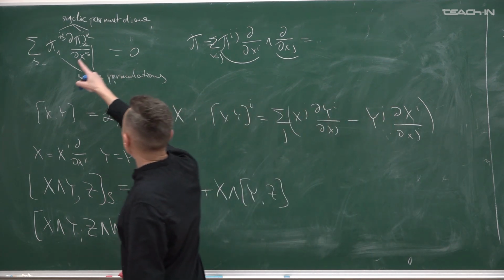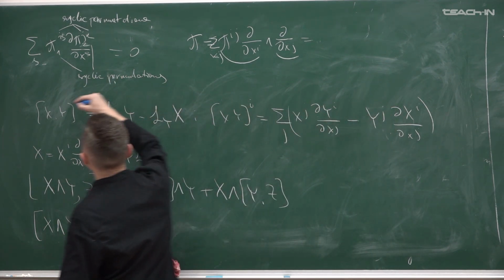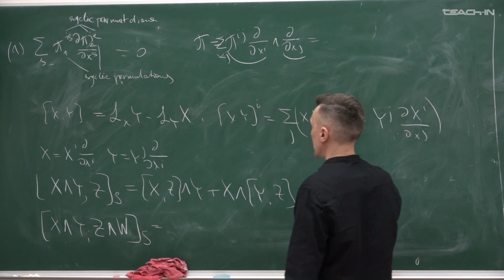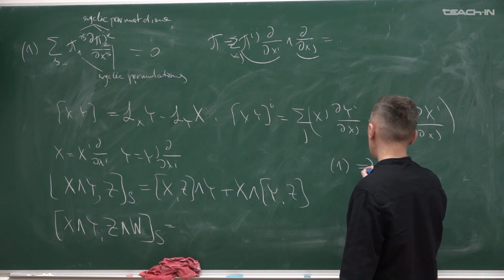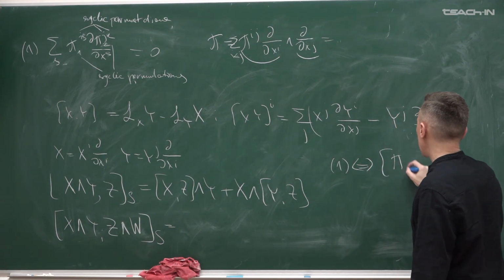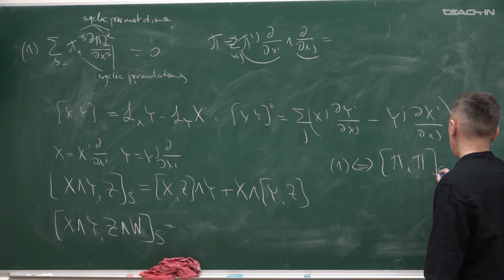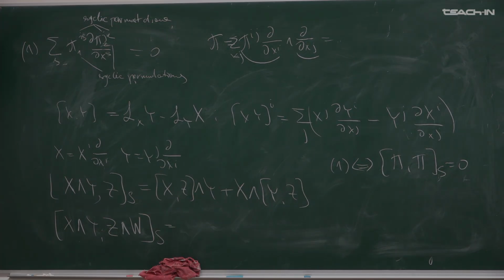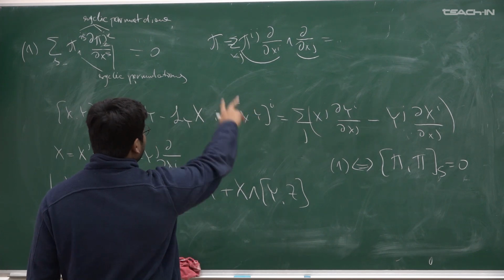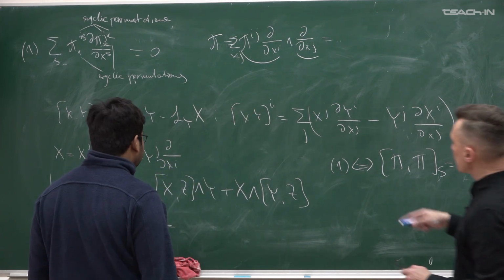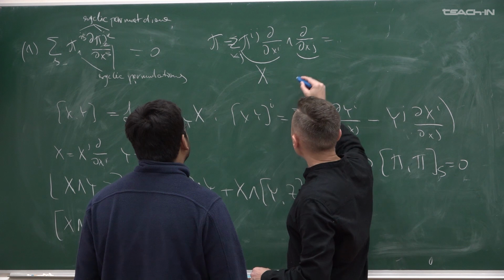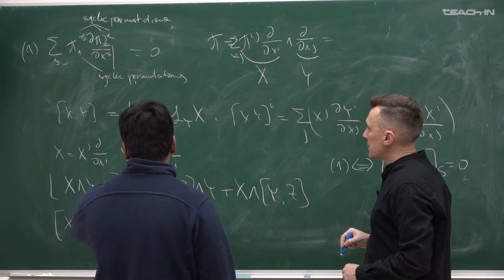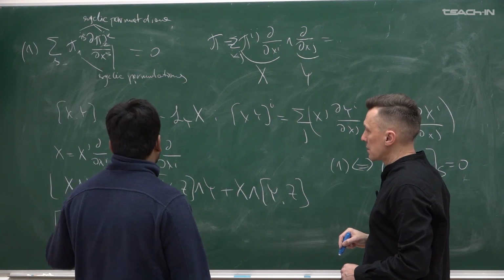We have to demonstrate that this condition is equivalent to the Schouten bracket of pi with pi equal 0. This is the task. So we need to calculate this thing, right? Yes, we have to interpret this as a vector field X, this as a vector field Y. Put everything there.